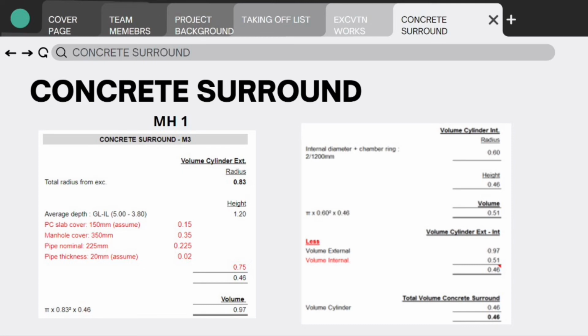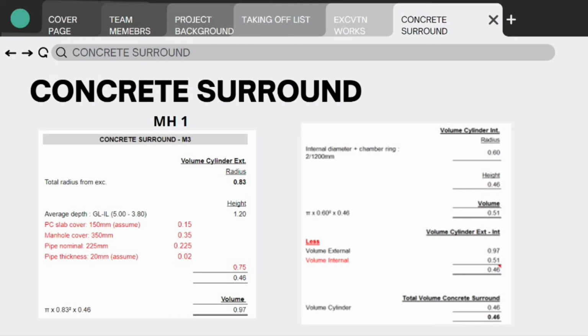Secondly, we have to calculate the volume of cylinder internal. The radius 0.60 is the internal diameter plus chambering divided by 2. The height is 0.46, taken from the height of cylinder external. To get the volume, we calculated using the formula pi r squared times h, which is 22/7 times 0.60 squared times 0.46 to get the total volume of 0.51.